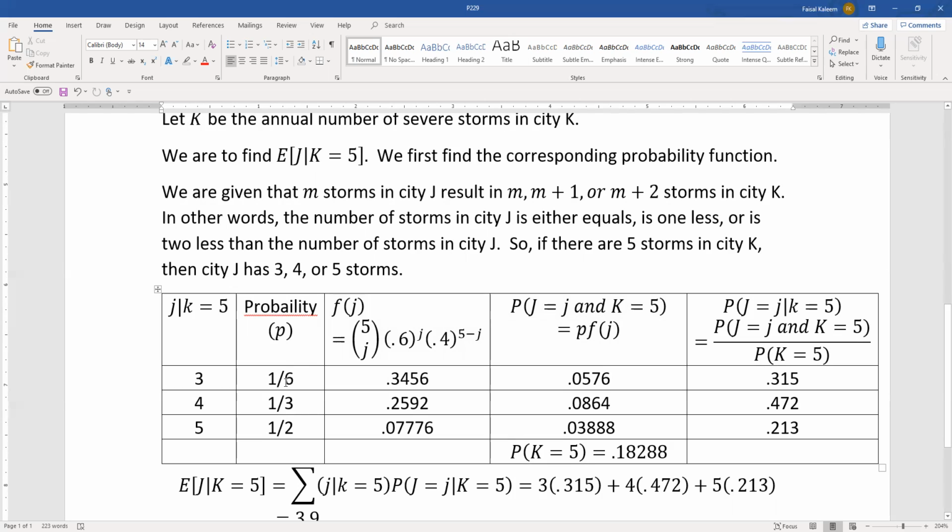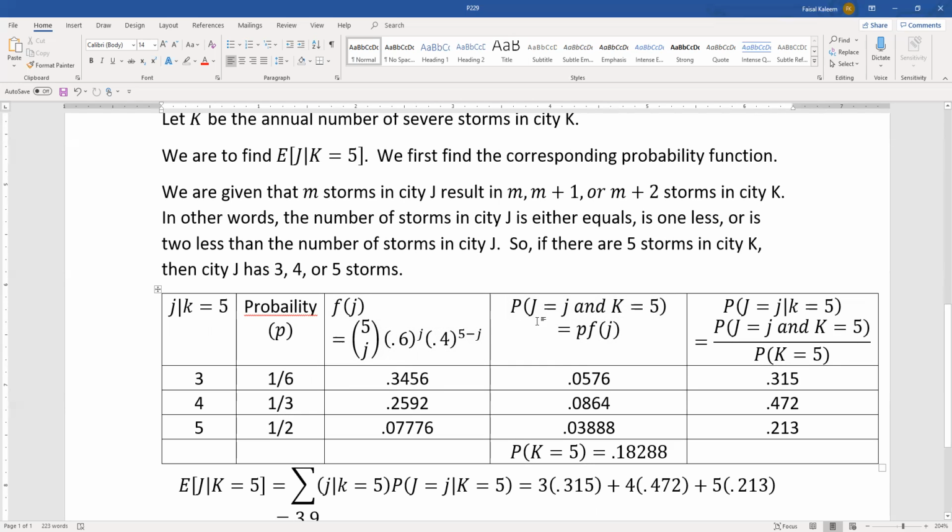And we just said that the probability of a difference of 2 is 1/6. So the difference should be 2, and there should be 3 storms in city J. So this is what J equals 3 and K equals 5 means, that the difference is 2 and there are 3 storms in city J. So the difference of 2 has this probability and 3 storms in city J has this probability.